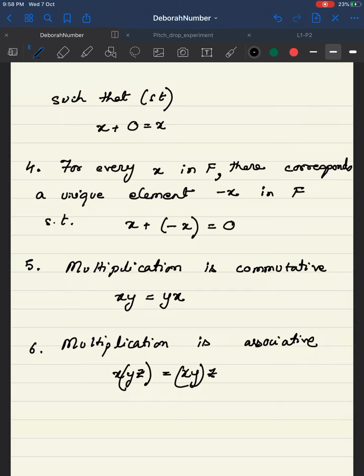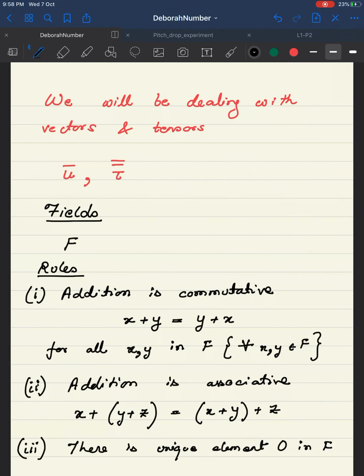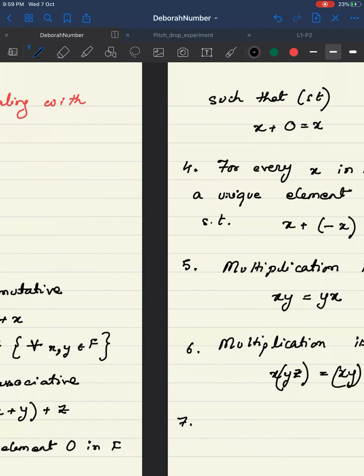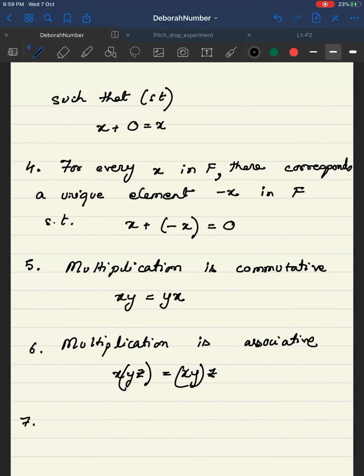So now here we will have an equivalent of this particular rule. There is a unique element 0, but when it comes to multiplication, the unique element is 1.